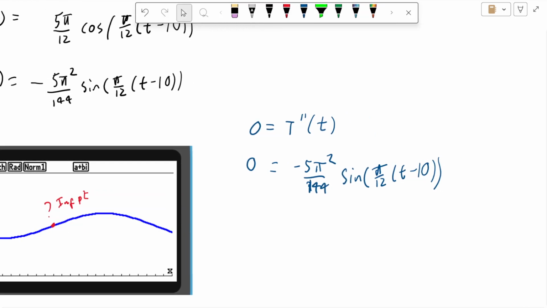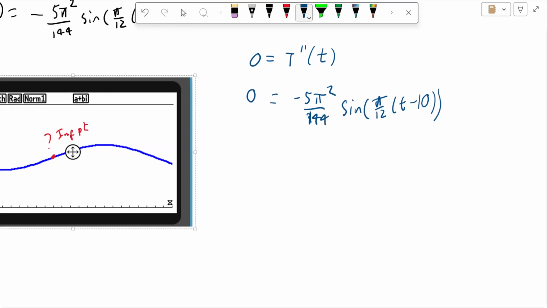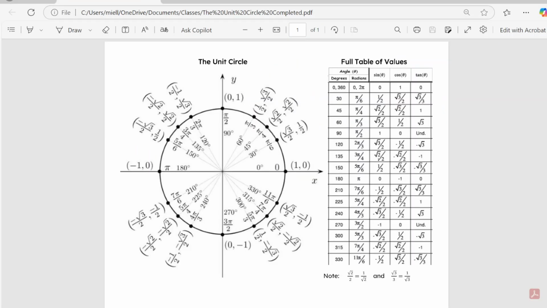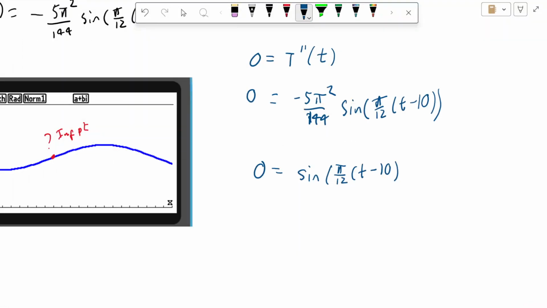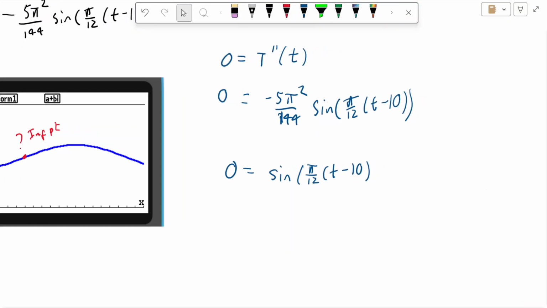Now this looks worse than it is because you can just get rid of the whole constant out the front. And then you want to look at something like a unit circle. So basically, when does sine equal 0? It happens at 0, at pi, at 2 pi, and if you keep going around the unit circle, it'll just keep happening.